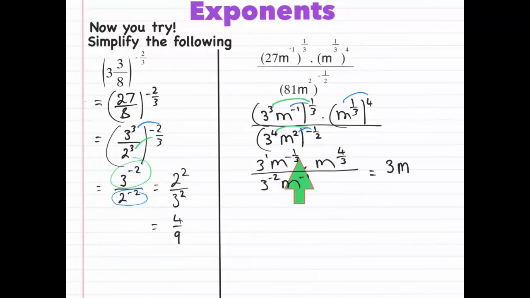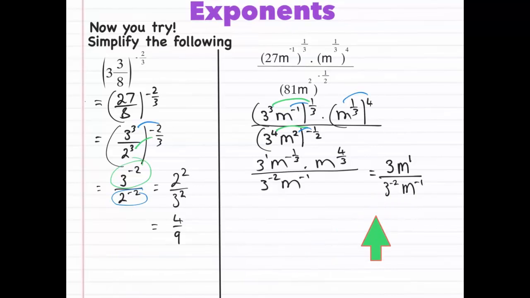And if I have minus a third plus 4 over 3, I get m to the power of 1. Okay, great, because this is 1 and a third. So minus a third plus 1 and a third just gives me a 1. And at the bottom, we still have a 3 to the power of negative 2, and we have m to the power of a negative 1.